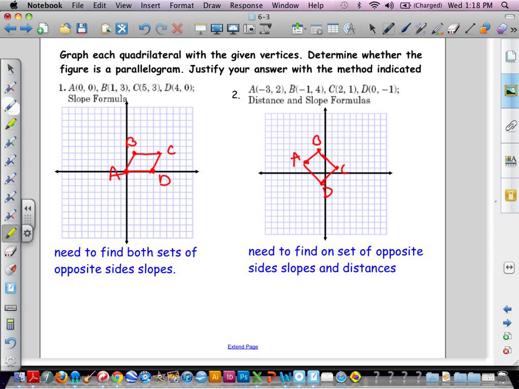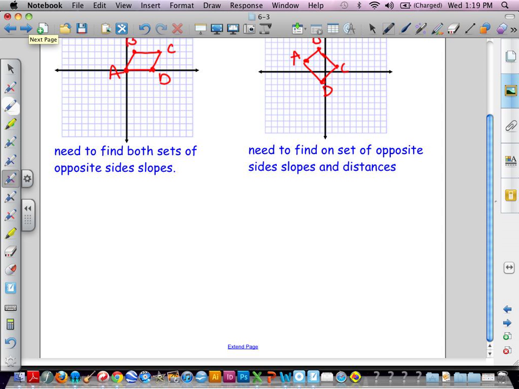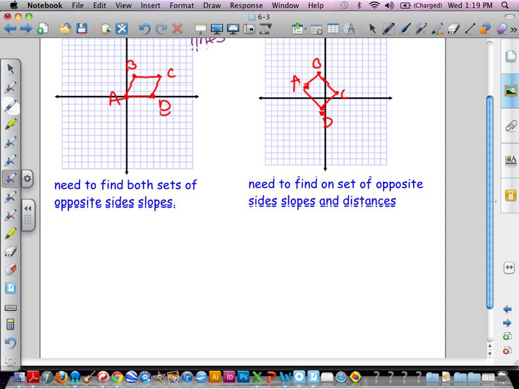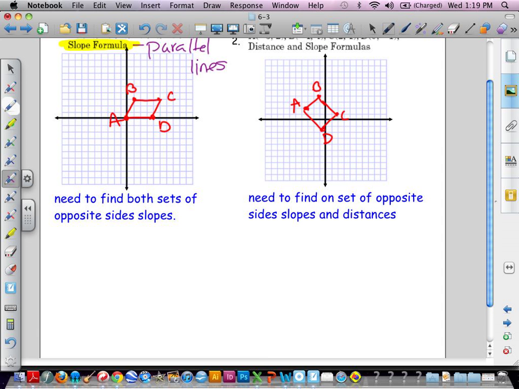So this method says you've got to use your slope formula. When you're using your slope formula, you're really checking parallel lines. Now, this is nice because I can just use my rise over run. I'm going to have to check both sets of opposite sides.